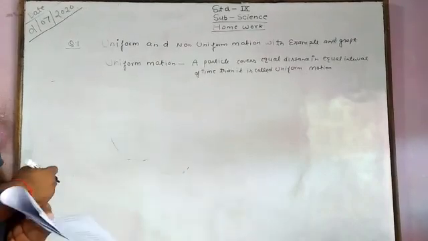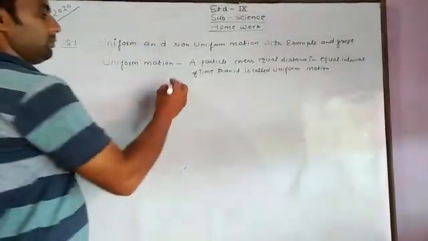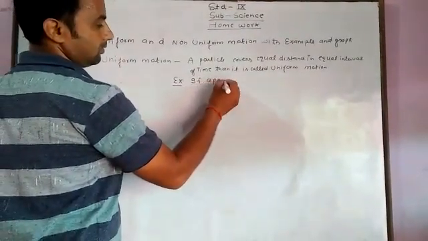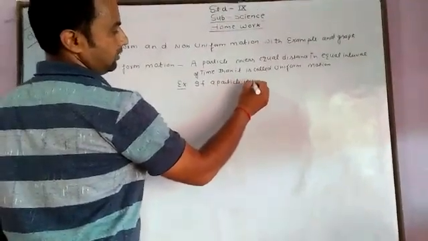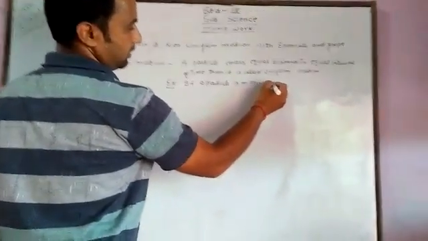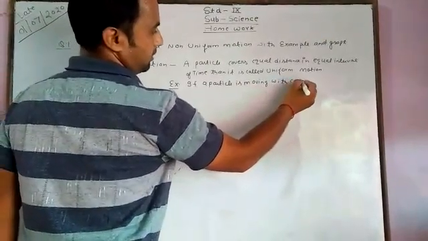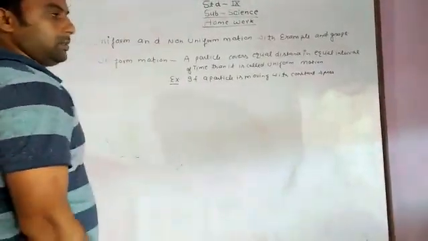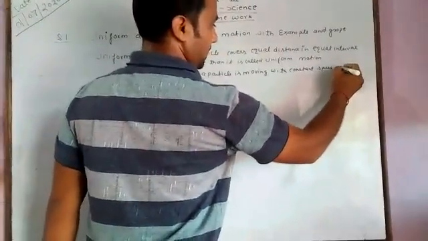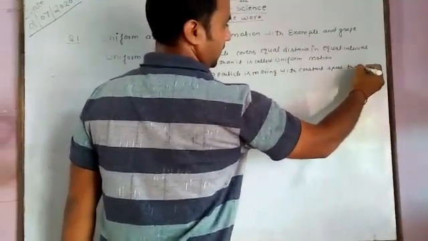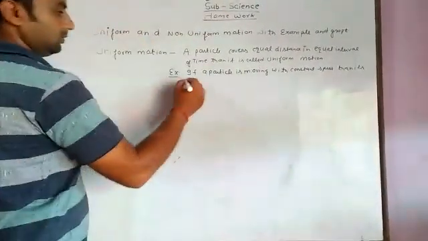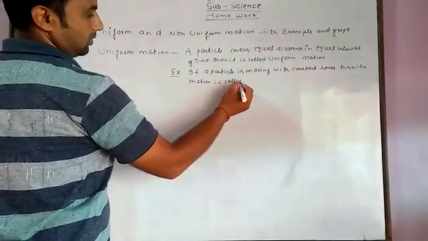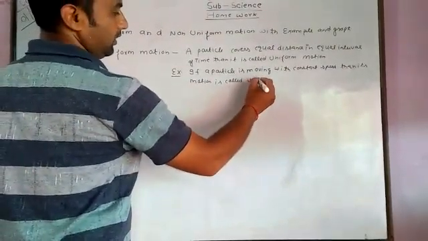If a particle is moving with constant speed, then its motion is called uniform motion.